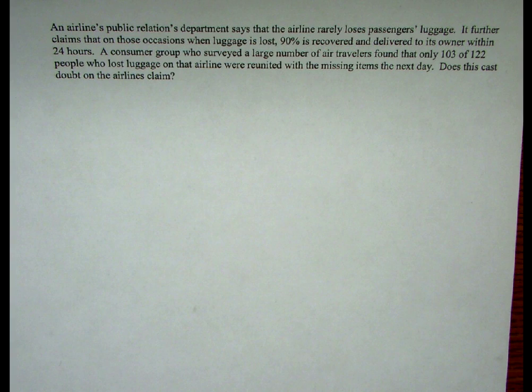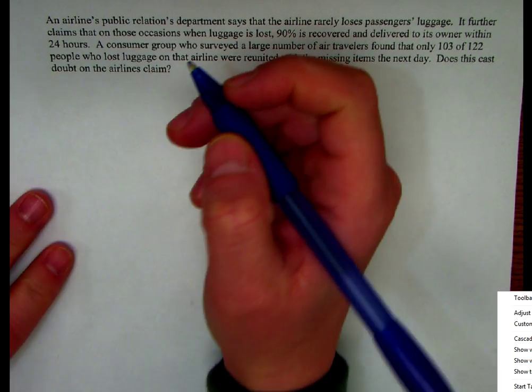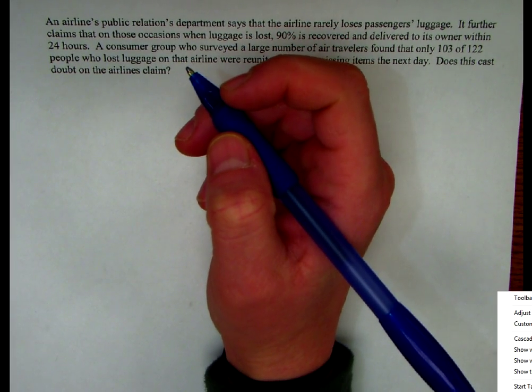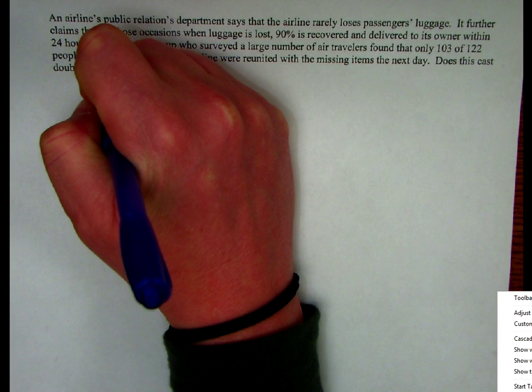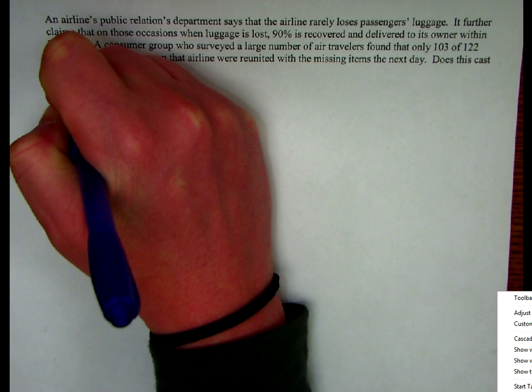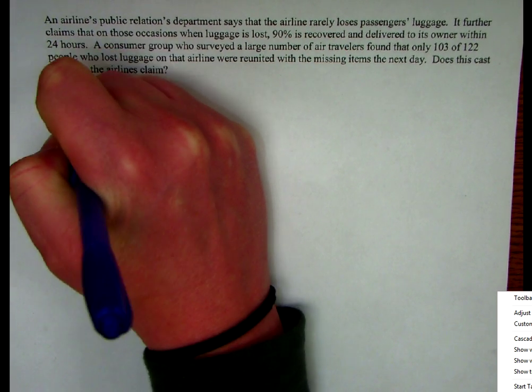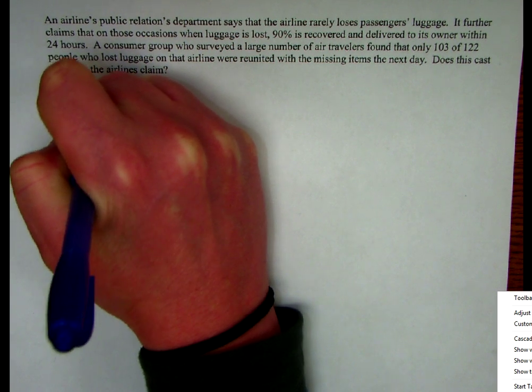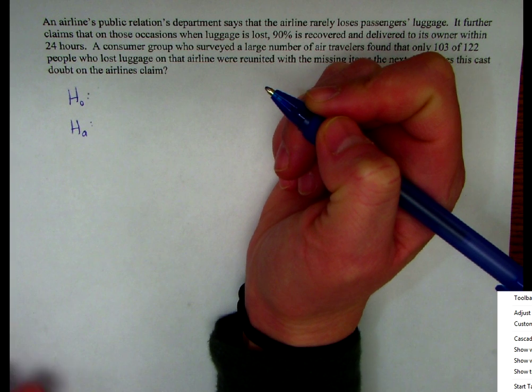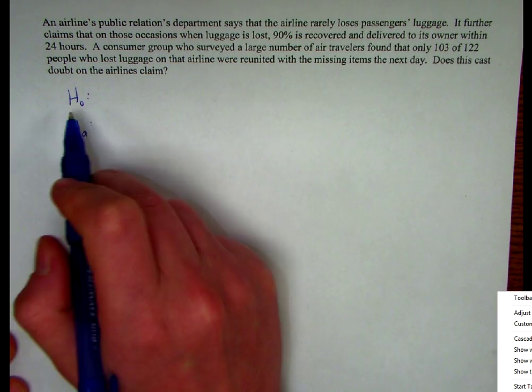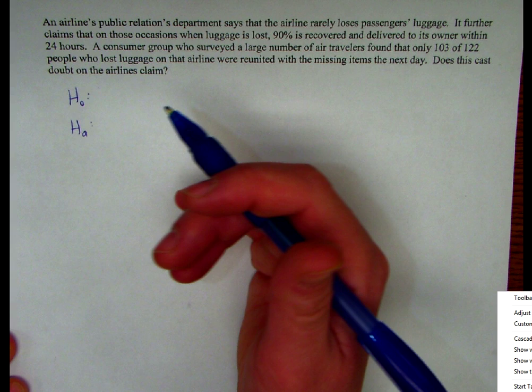When you start to do a significance test, you're going to have your H0 and your HA. That's the null and the alternative hypothesis. For the null hypothesis, you have to make a decision: is this a mean or a proportion problem?